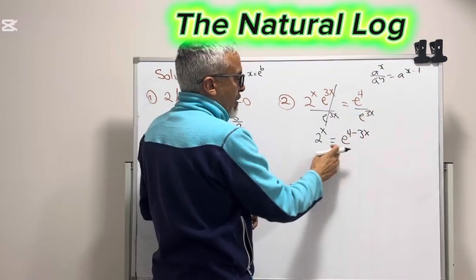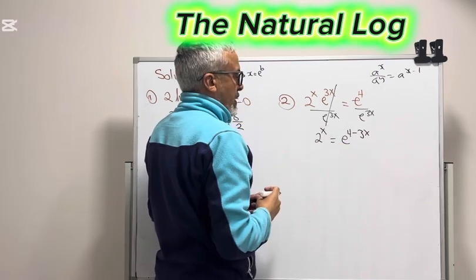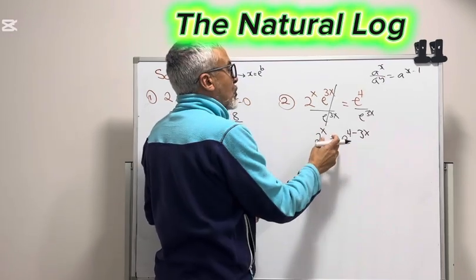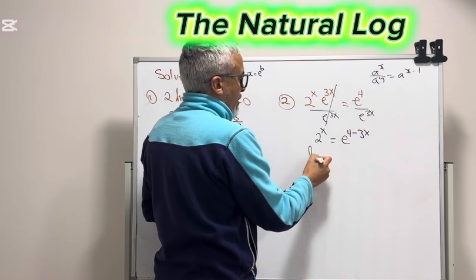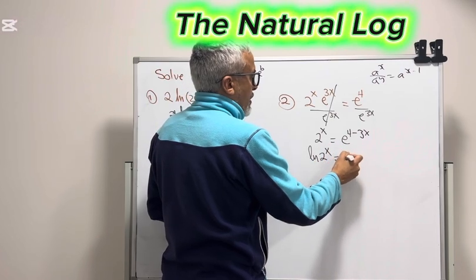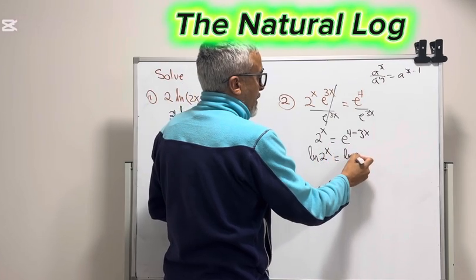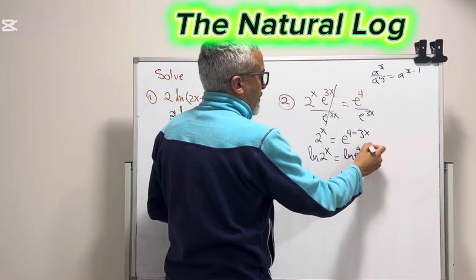And now to be able to solve for x here, since x is an exponent, what you do, you ln both sides. So you'll have ln 2^x = ln e^(4 - 3x).